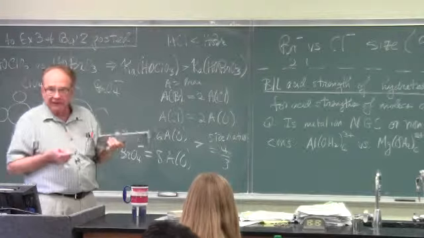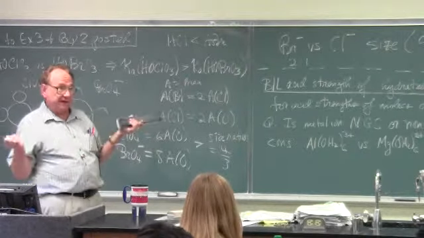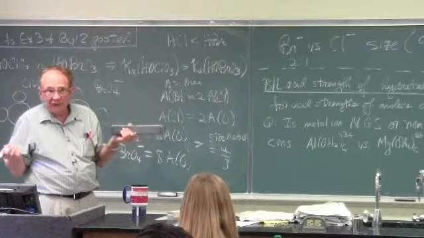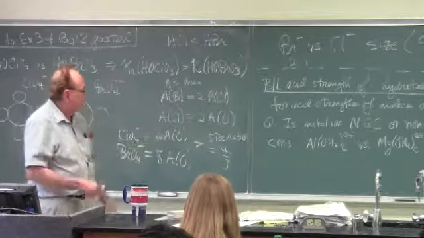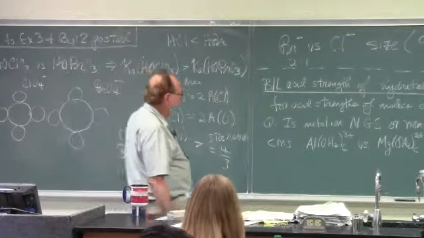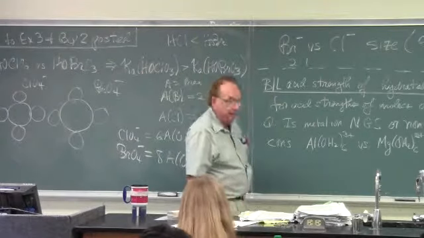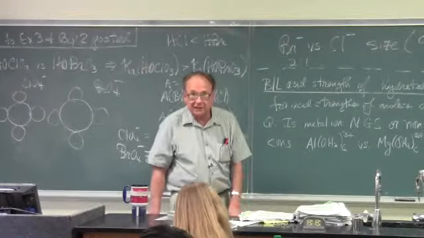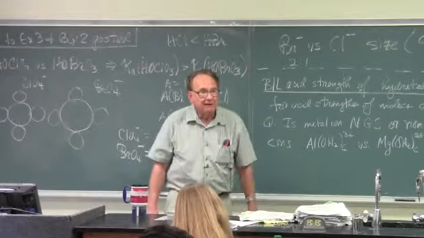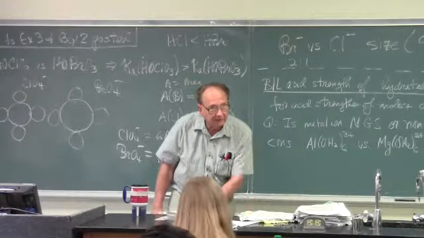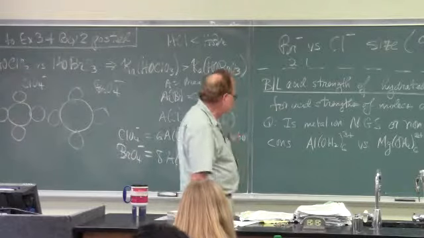So the source of the H plus for hydrated metal ion is always the same. It's always a hydrated water molecule. So, what properties of the metal ion itself might we pay attention to get at acid strength of a hydrated metal ion?